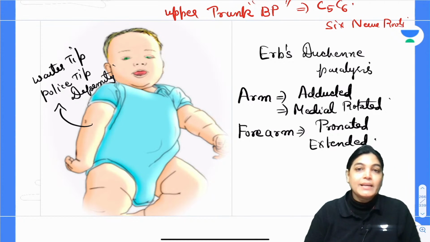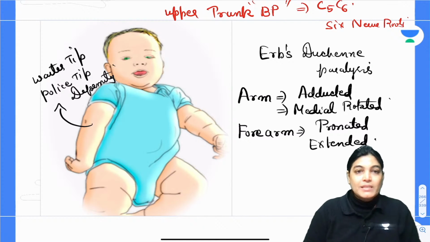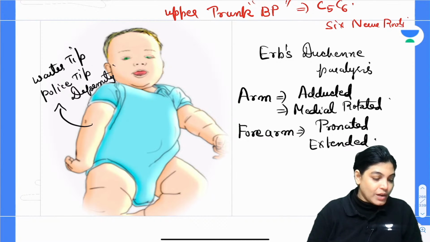This is how the presentation will be seen in case of Erb's Duchenne palsy. Erb's point is involved. Absolutely correct.